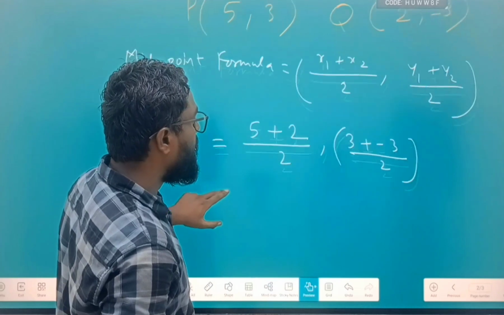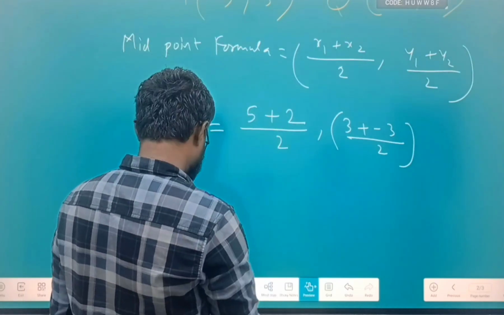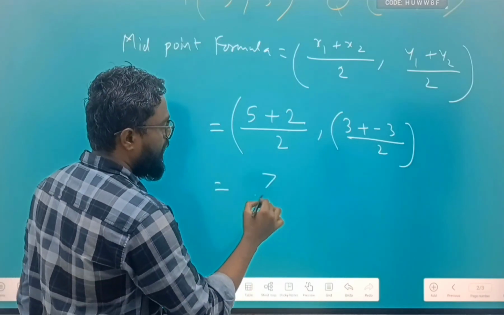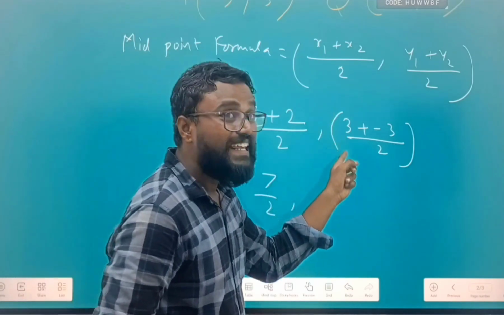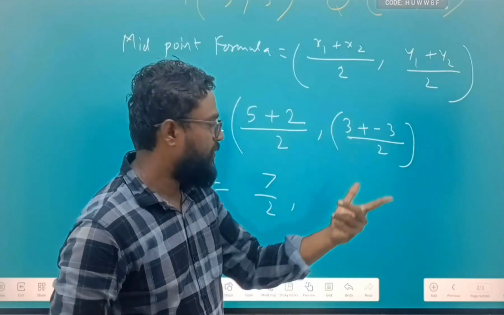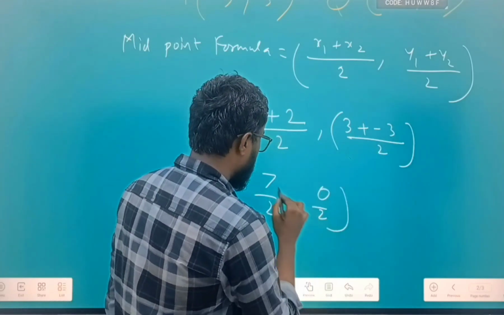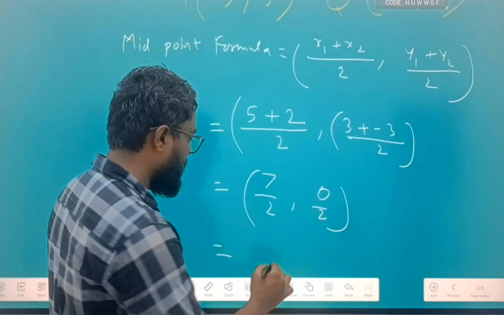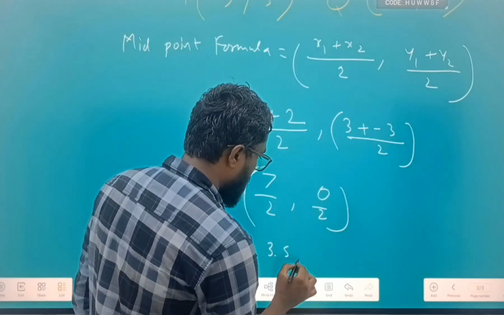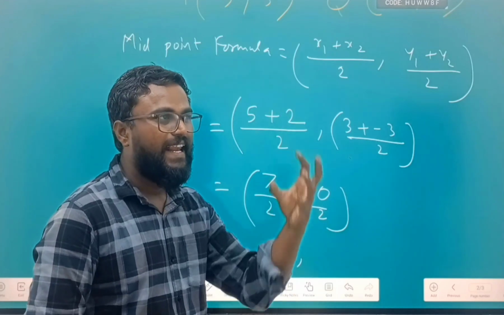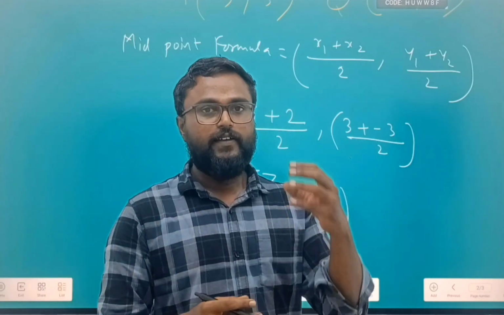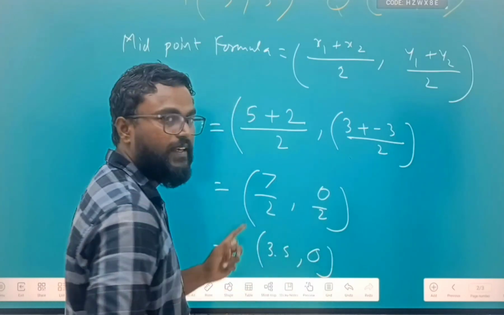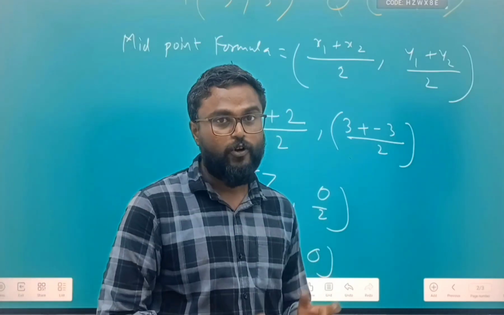Now, what am I going to get here? 5 plus 2 is 7 over 2. 3 plus negative 3 is 0, so 0 over 2. So the final answer is, guys, 7 over 2 is 3.5, comma, 0 over 2. If you divide 0 by any number, in the end you're going to get 0 only. So this is your midpoint, 3.5, comma 0.